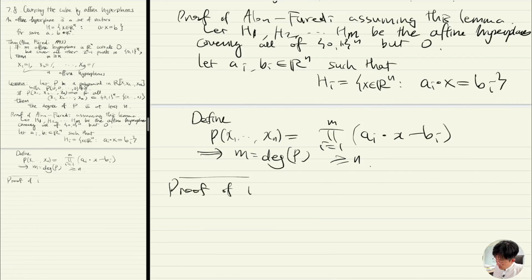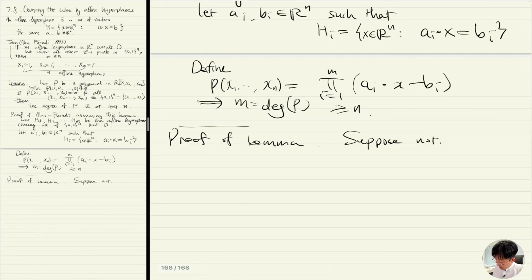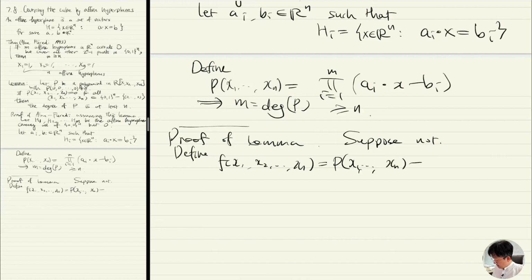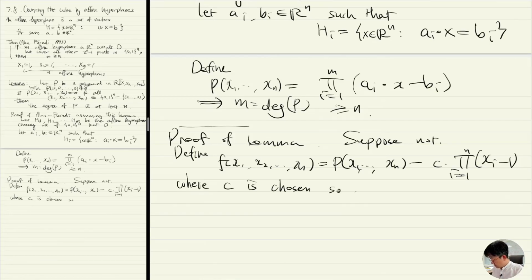So how do we prove the lemma? Suppose not. Now we're going to define f(x1, x2, ..., xn) to be P(x1, ..., xn) minus some constant c times the product of (xi minus 1), where c is chosen so that f(0, 0, ..., 0) is 0.